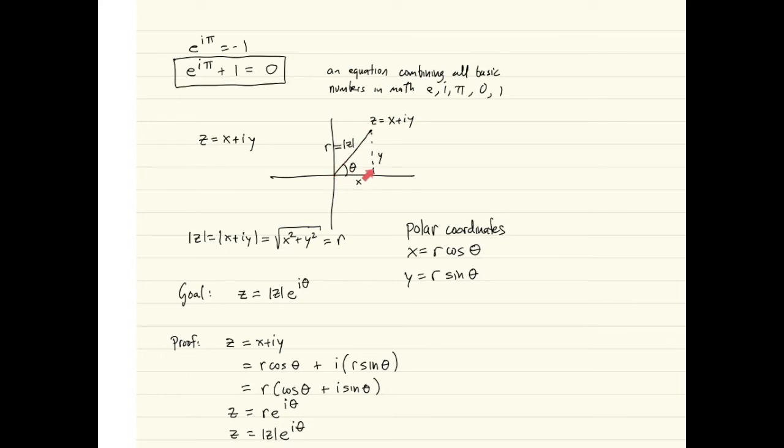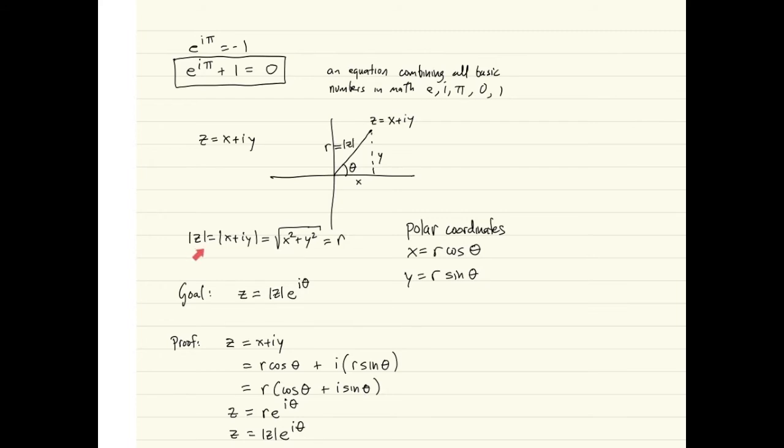Looking at this right triangle and using SOHCAHTOA, you can conclude that x divided by r is equal to cosine theta, so that's how we get this equation. And similarly, sine theta is opposite over hypotenuse, and rewriting that equation gives that y is equal to r sine theta. And so I'm going to claim a couple things.